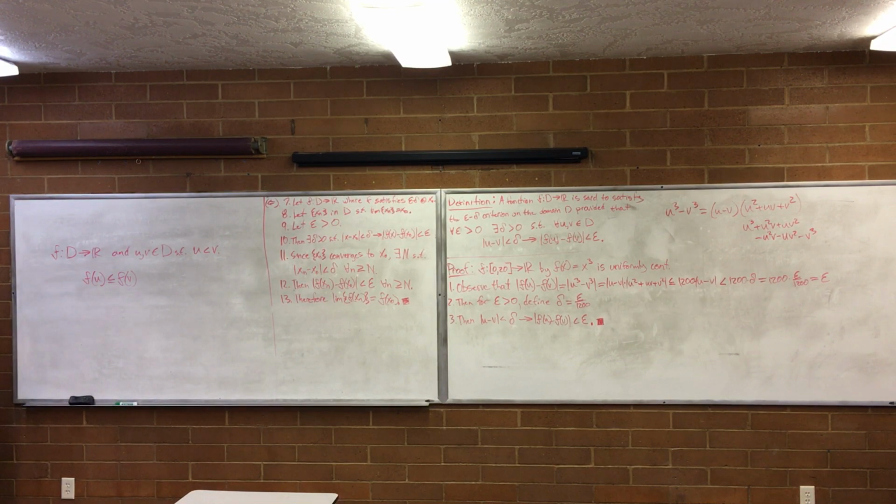This is of functions, not sequences. Notice it works for sequences because a sequence is a special type of function. So this definition also works for defining monotone sequences. This is a more general definition for monotone.